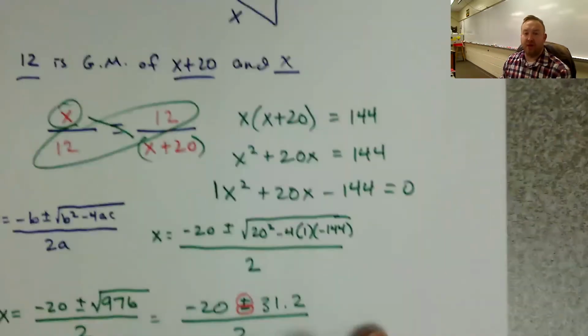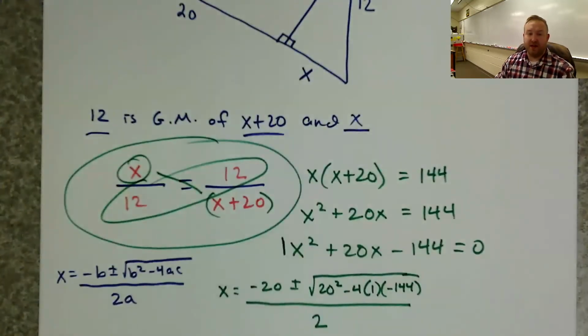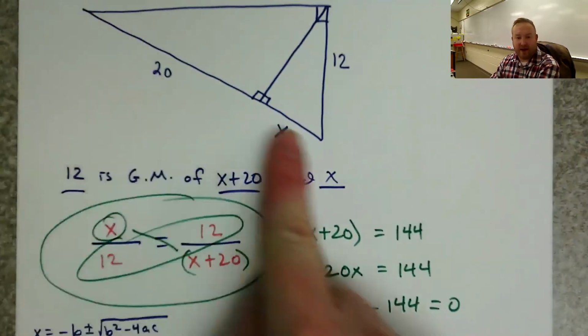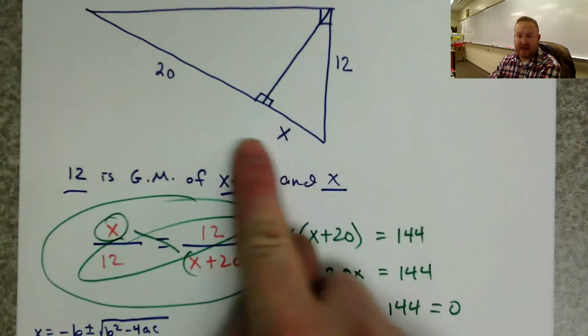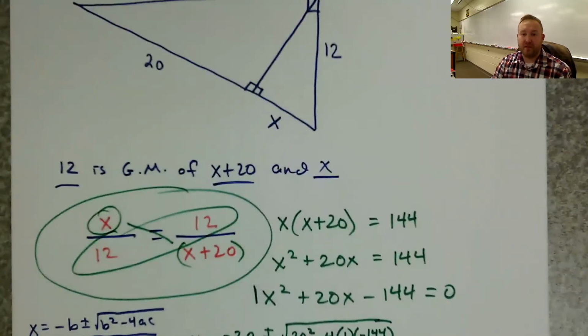Really, what you should be most concerned with right now is getting that proportion set up. The leg is the geometric mean of the entire hypotenuse and the segment closest to that leg. All right, that'll do it. There is some practice that needs to be done on that lesson for sure. So get to it. See ya.